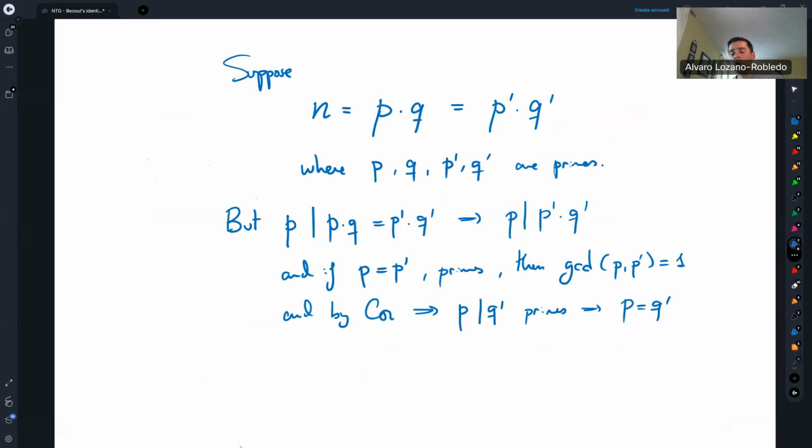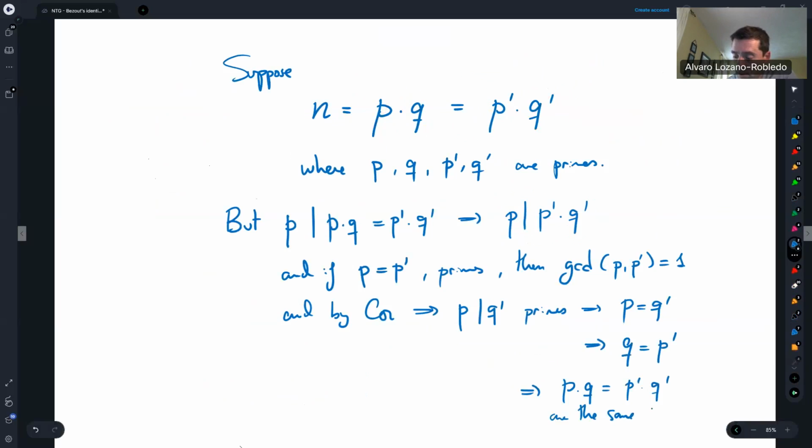Okay? So even though we were trying to see if these were different factorizations, this is telling me that actually p and q prime are the same. So I could factor them out, and then this tells me that q and p prime are the same, and therefore pq and p prime q prime are the same prime factorization.